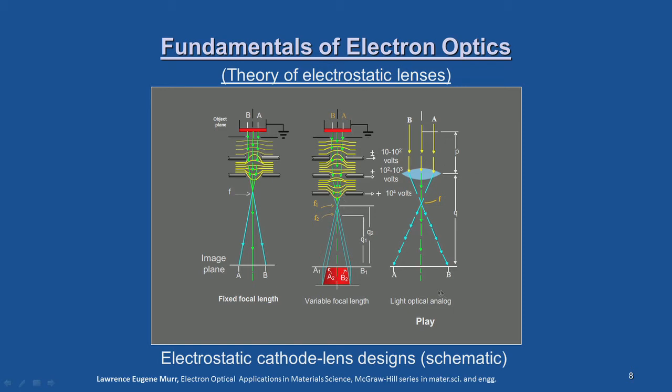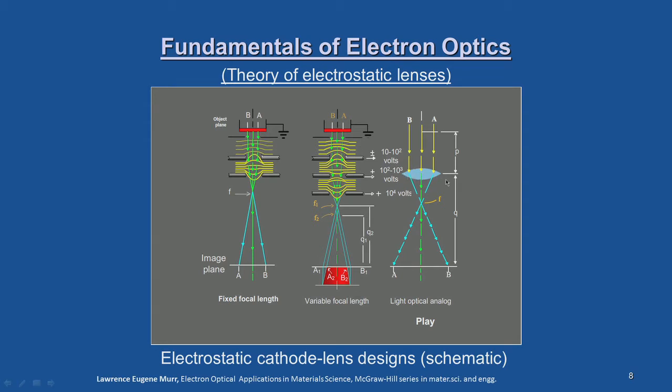and what you see on the right hand side is a simple light optical analog. I just want to make sure that the electron optical system is exactly what we have in a light optical analog. You should not get confused just because we are replacing the light optical system, where we use a glass lens as the refractive medium.